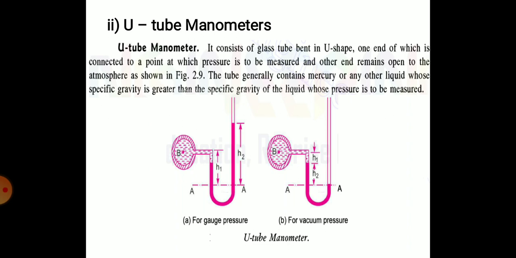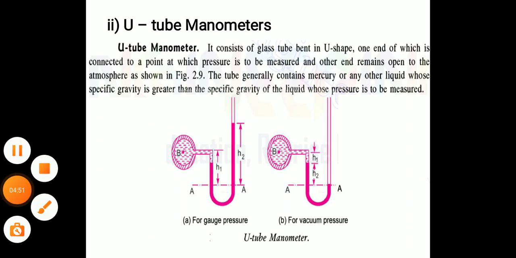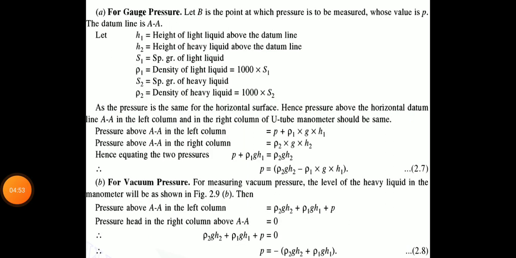Similarly, pressure above datum line AA in right column will be equal to ρ2 g H2. Hence, by equating these two pressures, P plus ρ1 g H1 is equal to ρ2 g H2. Hence we can find the value of pressure, that is P is equal to ρ2 g H2 minus ρ1 g H1.